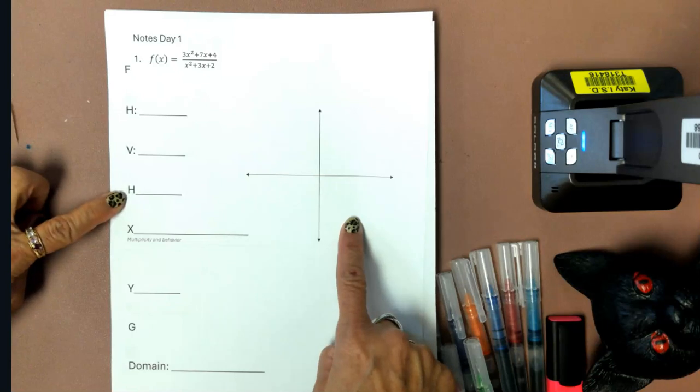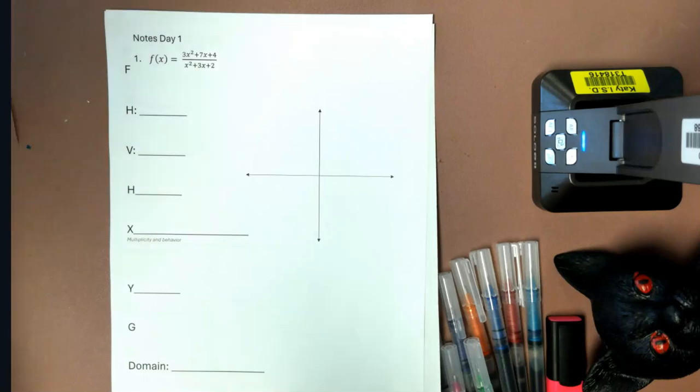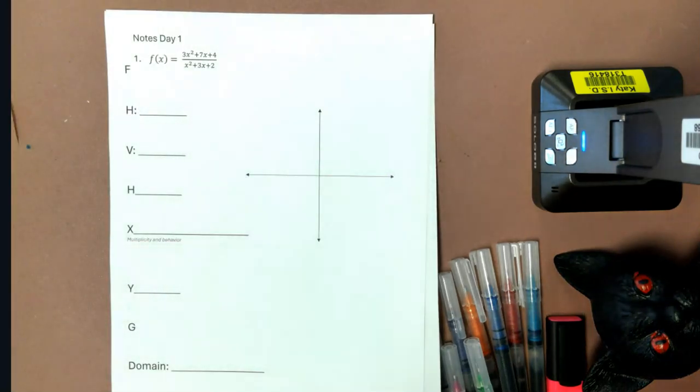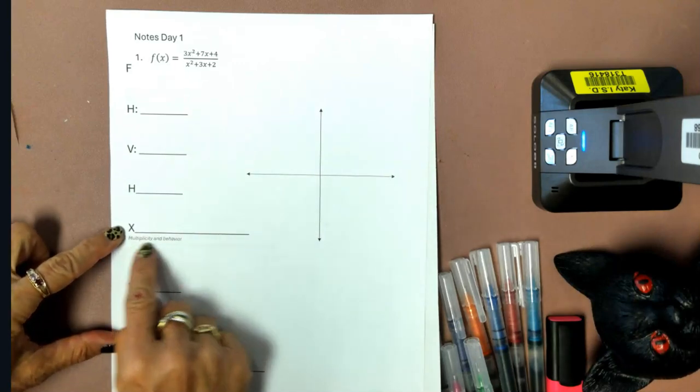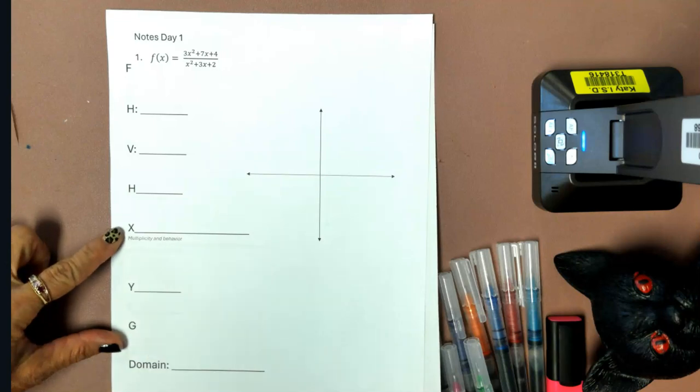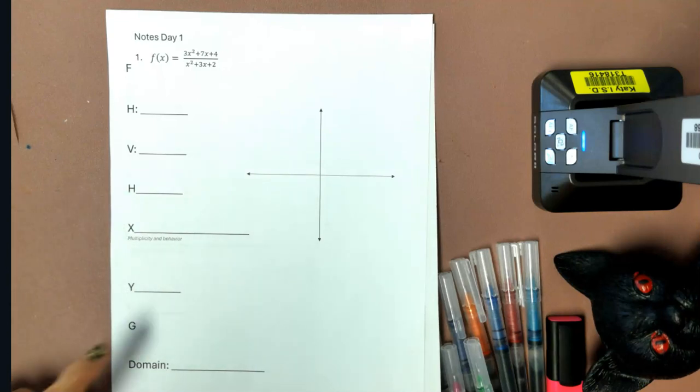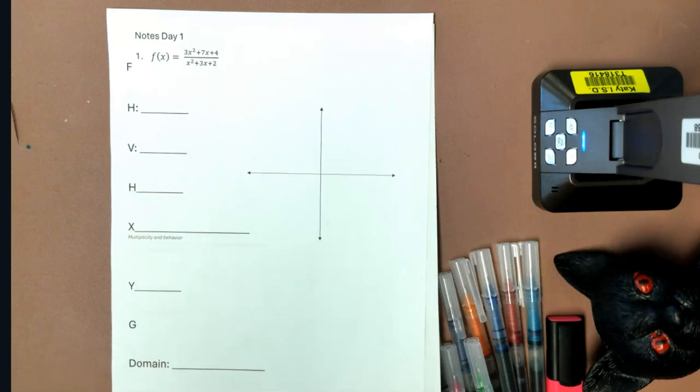This second H stands for perhaps a horizontal asymptote, and we're going to do some analysis to determine whether a horizontal asymptote exists. We are going to have x-intercepts that will still have multiplicity and behavior similar to polynomials. We're going to find the y-intercept. The G stands for actually going to graph this, and then we're going to talk about the domain.